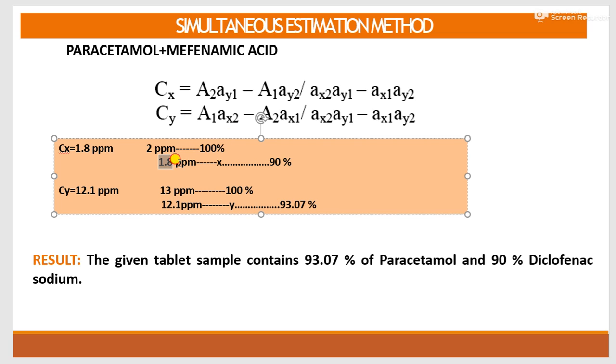Suppose you get 1.8 ppm by experiment. 1.8 ppm will be how much percentage? That comes to 90%. Similarly, you can calculate for paracetamol. 13 ppm is 100%, so 12.1 ppm which we obtain by performing the experiment is how much percent? That comes to 93.07%.